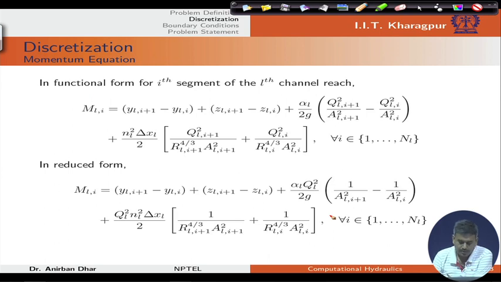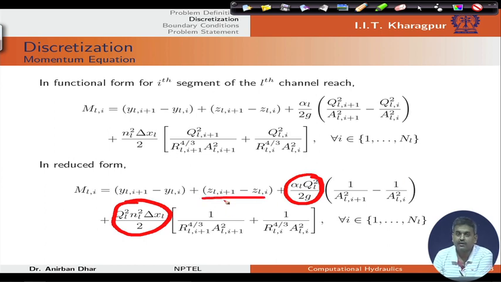Now, we can define two parameters, because these are channel reach dependent parameters, and R and A are functions of y, which is again a constant term for 2 consecutive channel sections.